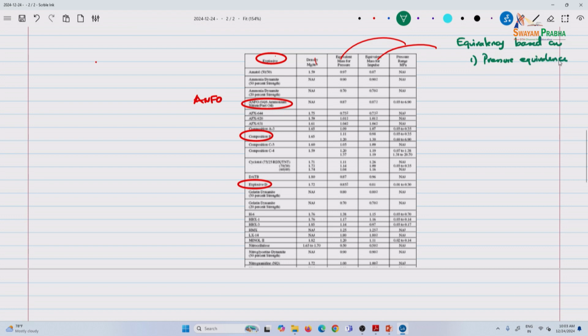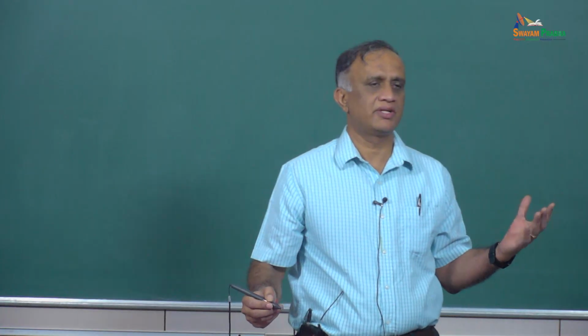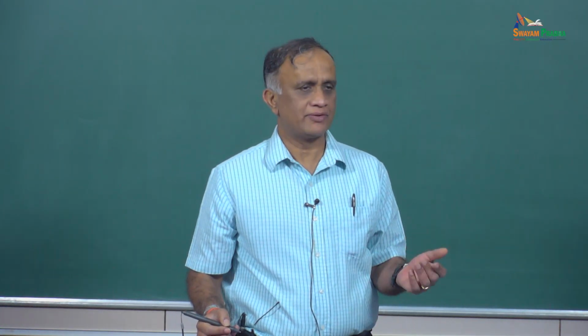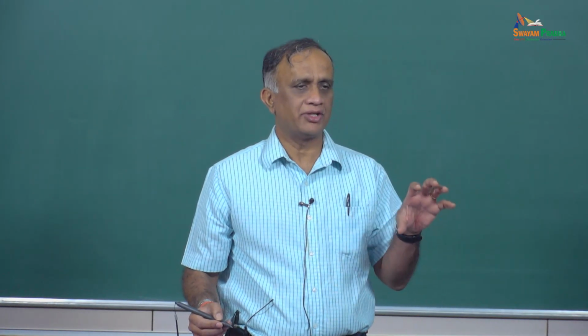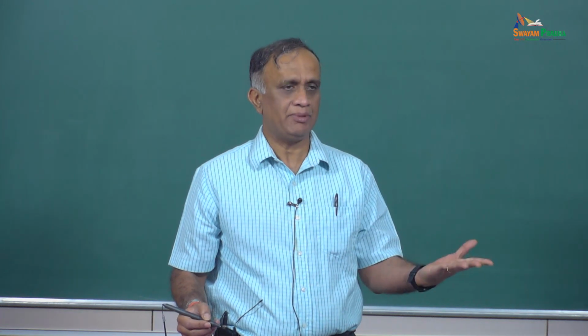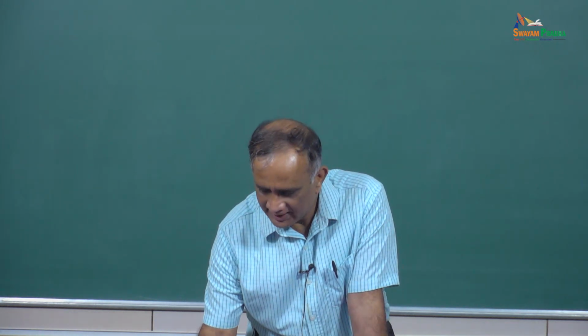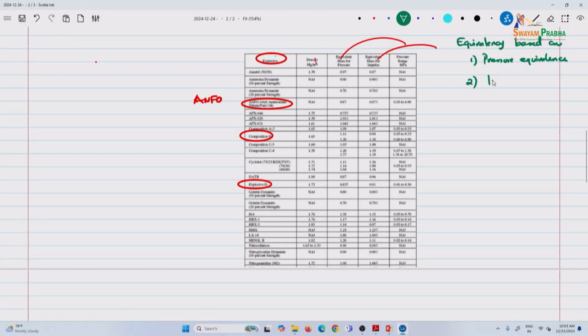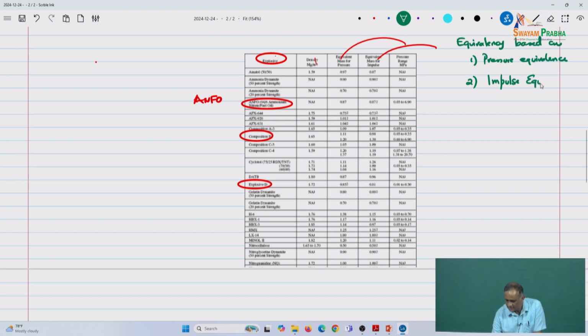So, how much of a certain explosive do I need compared to 1 unit of TNT to give the same pressure? But it does not mean you will get the same impulse, because the positive time of loading, the positive phase, could be different. So, impulse equivalence, and these numbers are not the same.